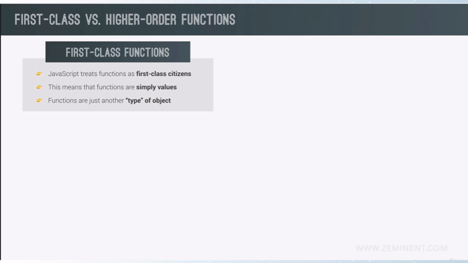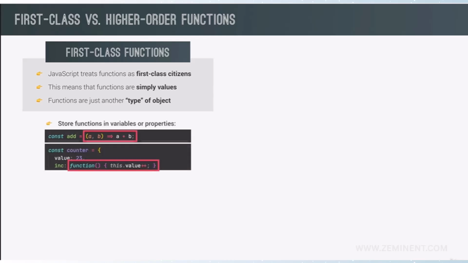Now, why does JavaScript work this way? It's simply because functions are really just another type of objects in JavaScript. And since objects are values, functions are values too. And since functions are values, there is a bunch of interesting things that we can do with them, like storing them in variables or object properties.